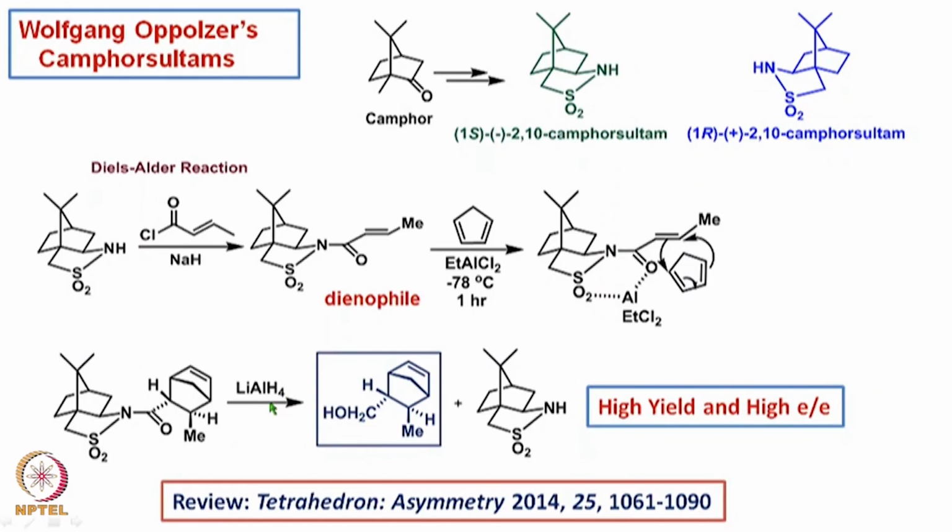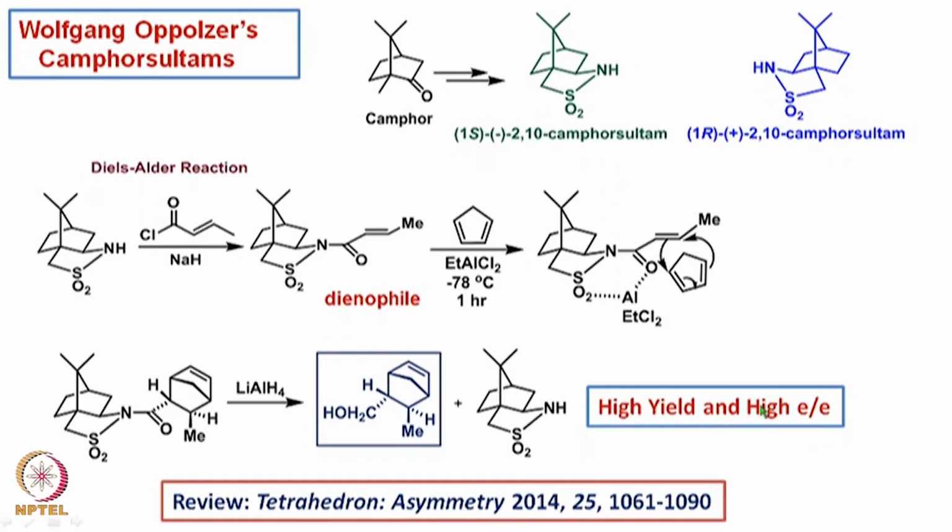But when lithium aluminum hydride mediated reduction is done, then this particular part gets cleaved and the corresponding alcohol is released, and of course we regenerate the chiral auxiliary. Now these reactions have been found to be in high yield and high enantioselectivity.